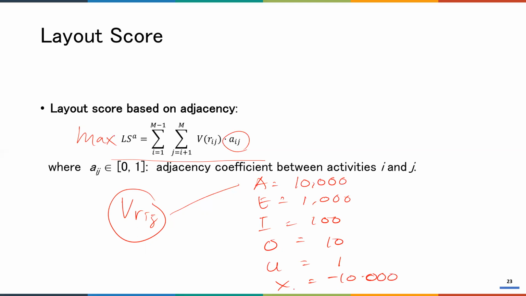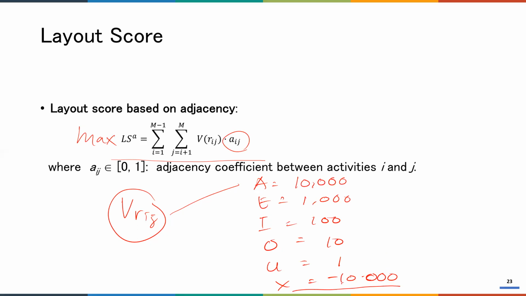So for example, I will give undesirable a minus value to ensure that the workstations or departments that should not be close to each other are not adjacent to each other.